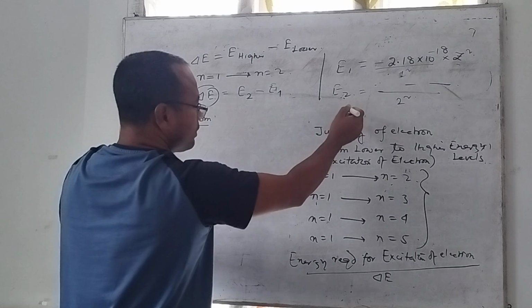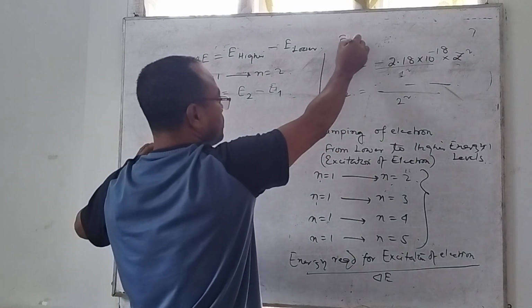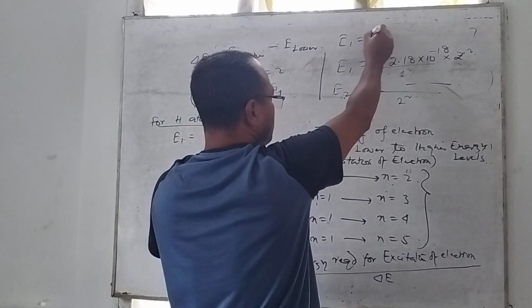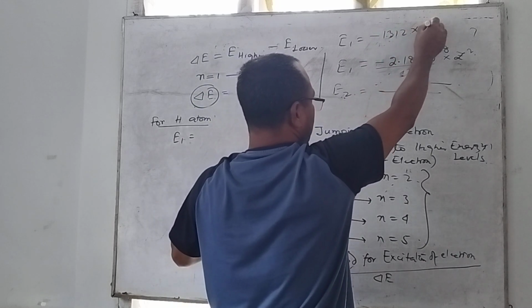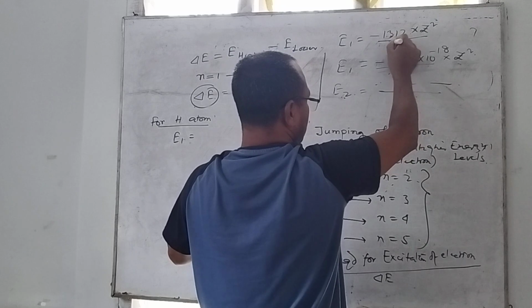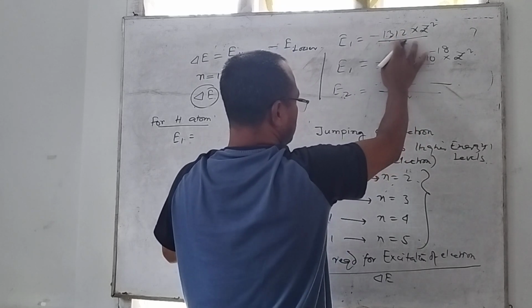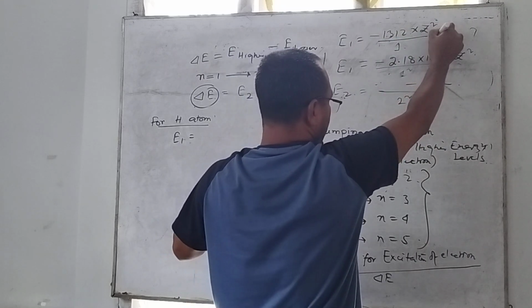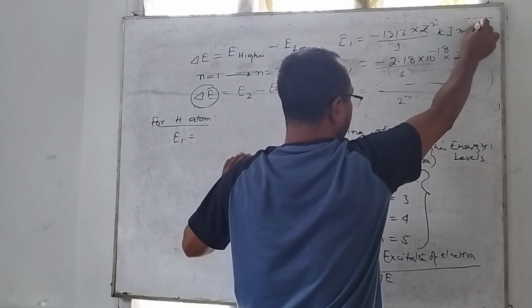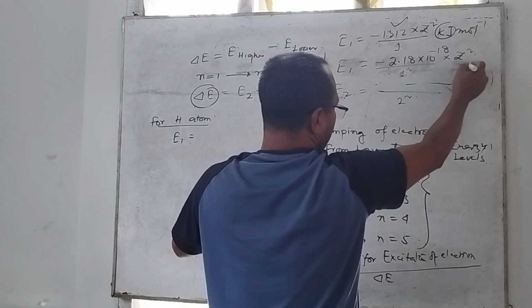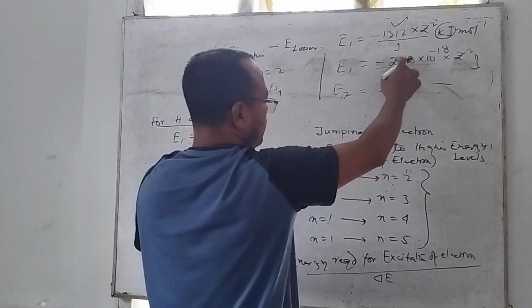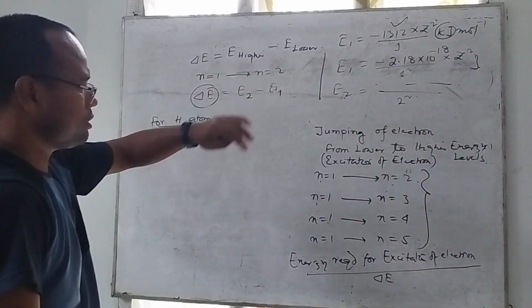In the other form, we can also write E1 in kilojoules as minus 1312 into Z square divided by n square. So n is 1 square. This is in kilojoules per mole, right? If we use kilojoules, we can use this value; if we use joules, we can use the other value. Let us use kilojoules, in a very easy way, right?